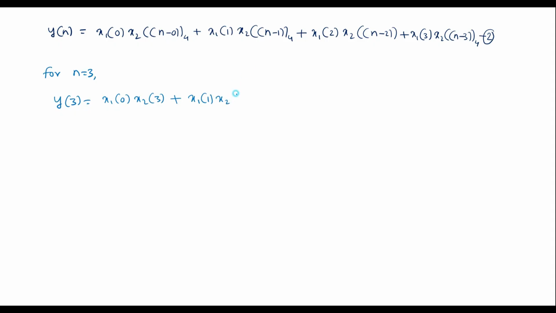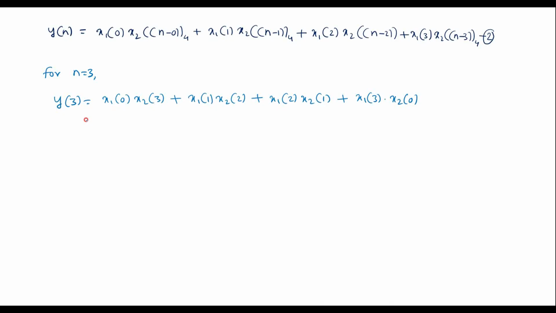So I will write it directly as x2 of 2 plus x1 of 2 into x2 of 3 minus 2 is 1, x2 of 1 plus x1 of 3 into x2 of 3 minus 3 is 0.